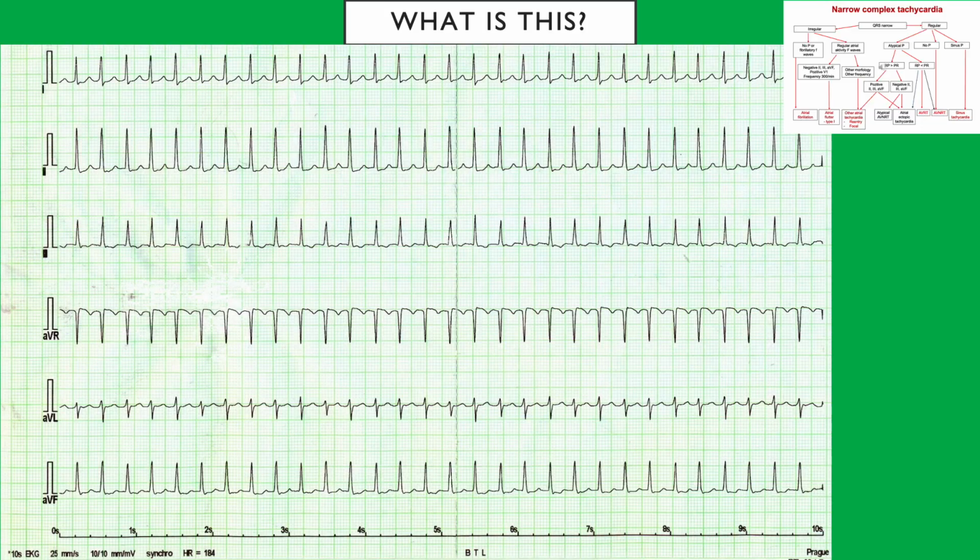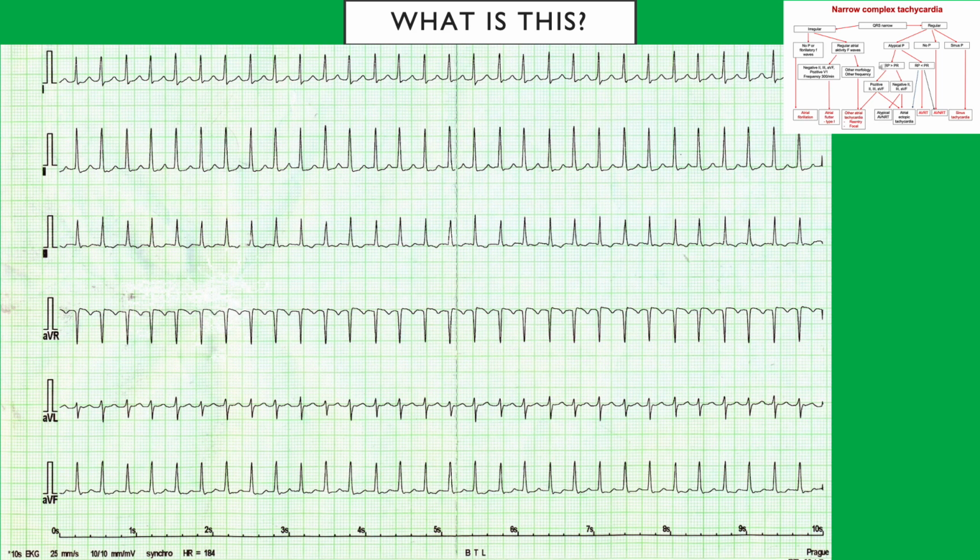Good. What is this one? You can use the same reference sheet. Okay, this is a tricky one. We'll start from you. Do you have an answer?